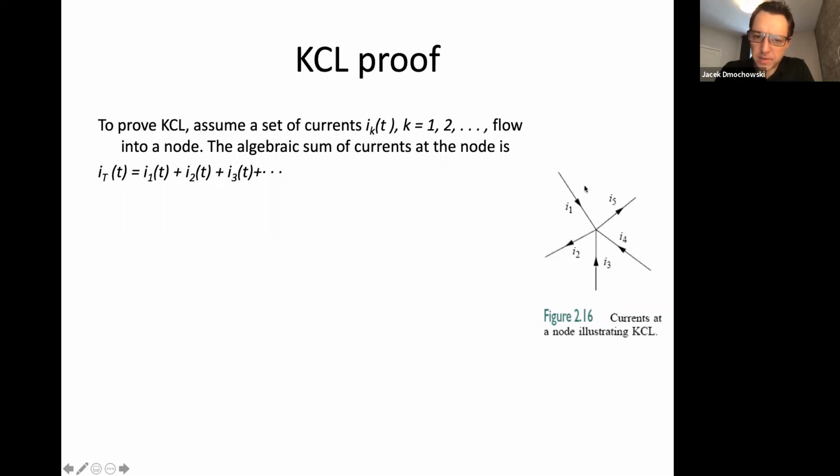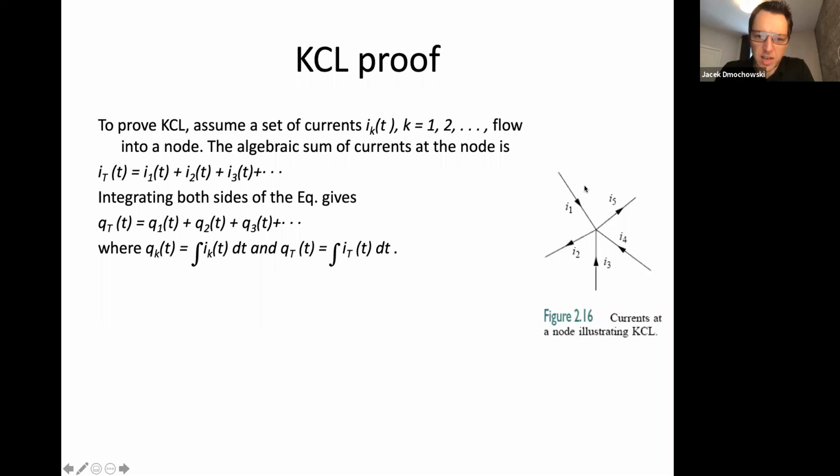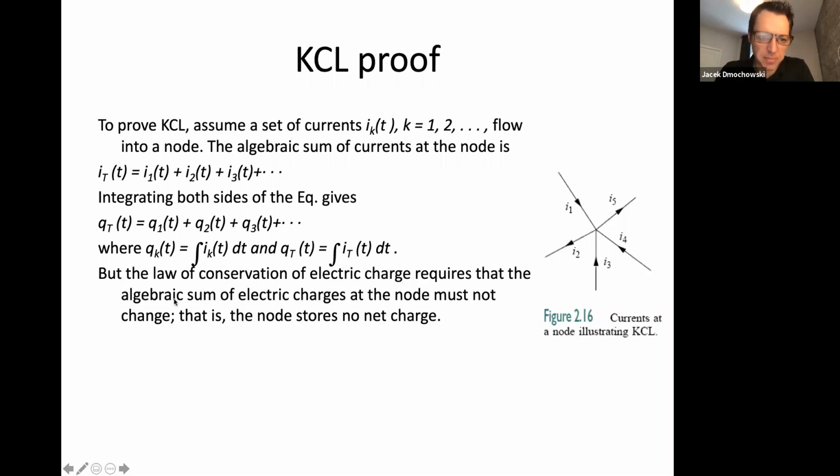This is a proof of the law, but I'm going to skip through the proof because I don't find it particularly helpful. The only thing you need to know is that the total current entering a node has to equal 0.